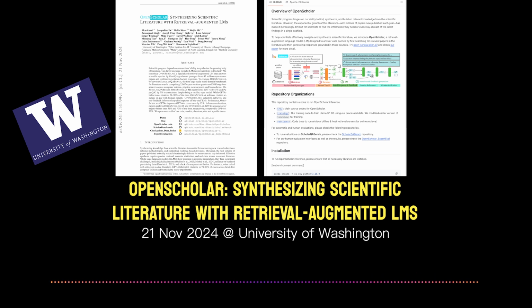OpenScholar, powered by either GPT-4o or their custom 8 billion parameter model, consistently outperformed expert-written answers. Hold on. Are you saying that OpenScholar beat out actual humans at answering these questions? That's right. When evaluated by scientists in various fields, OpenScholar using GPT-4o achieved a 70% win rate. Wow. Even the smaller, more efficient 8 billion parameter model still had an impressive 51% win rate.